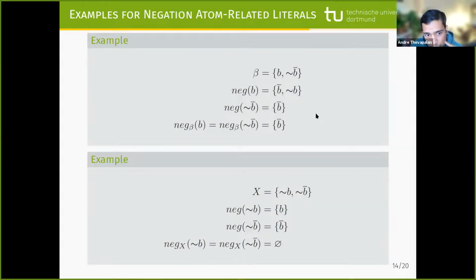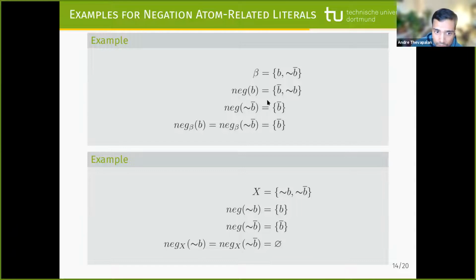The other thing we can consider is, since sometimes we get multiple negation forms, we want to prevent redundant literals. So in our example, if we have a blanket beta not B, not B bar, the negation of B would be either B bar or not B, and negation of not B bar would be B bar.